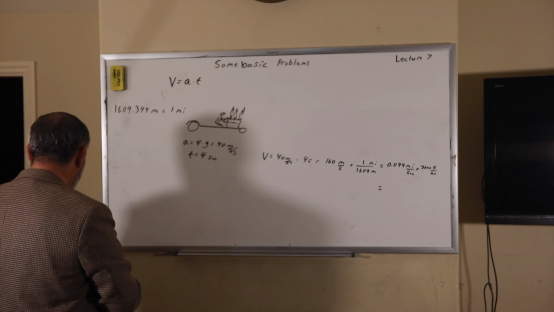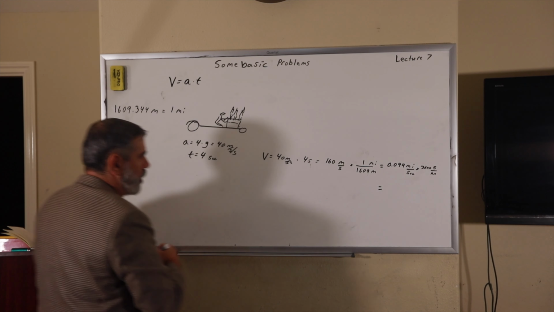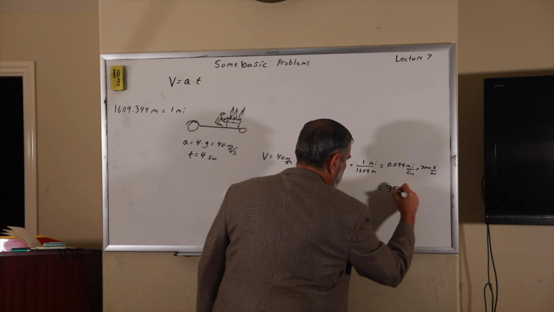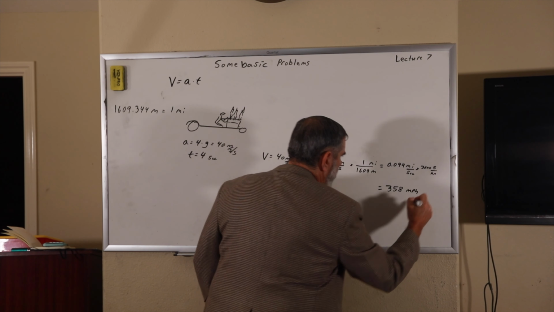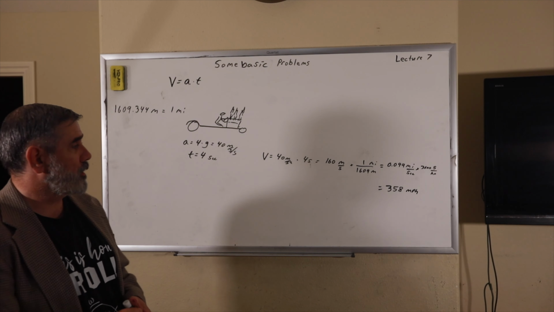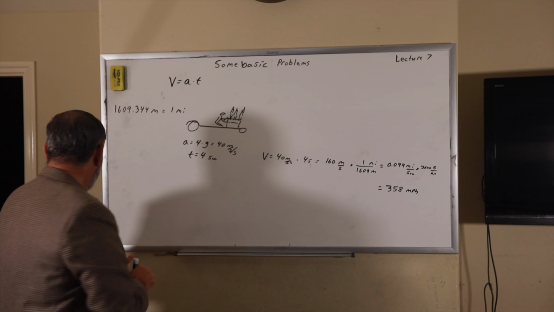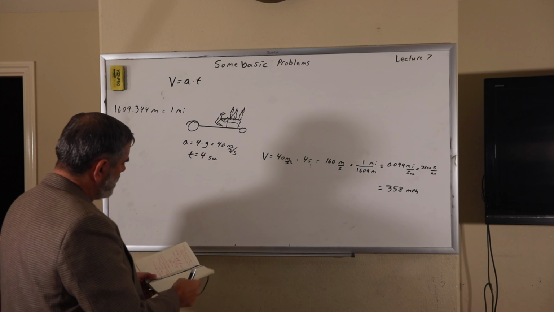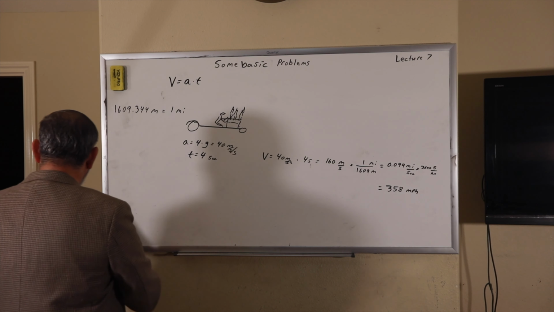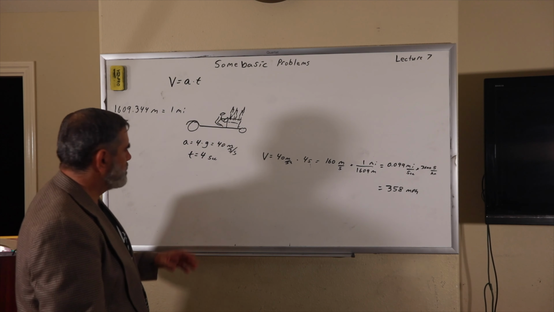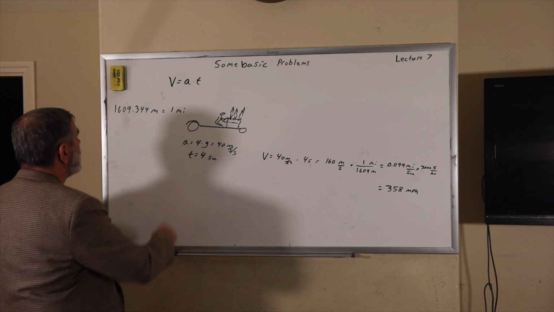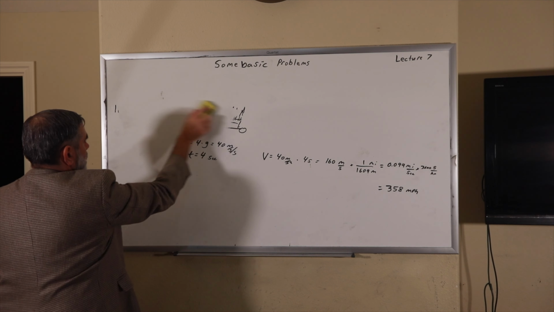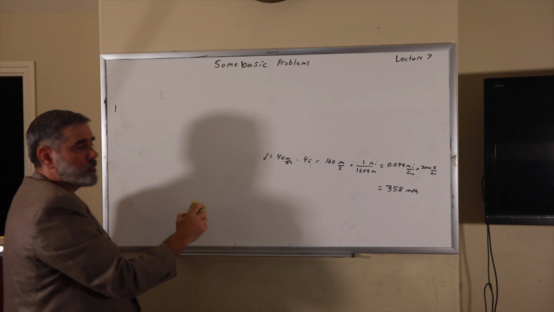That gives me 358 miles per hour, which is really fast. 358 miles per hour after just 4 seconds. That's some incredible speed. Okay, I think I have one more problem that I wanted to go over. Yeah, and this actually relates back to the last lecture that we saw, because what we talked about in the last lecture would be one way to solve a problem like this.